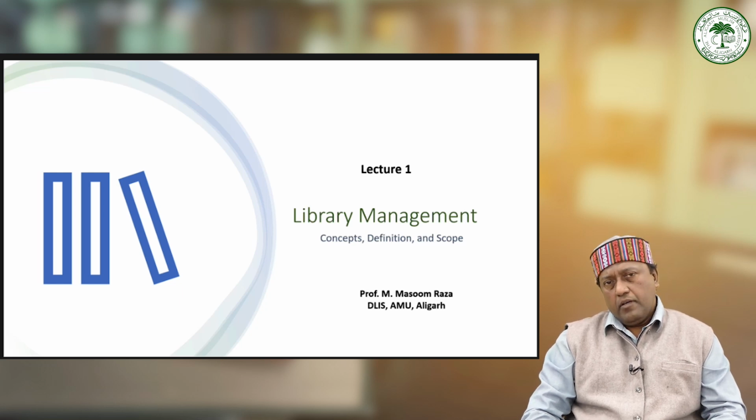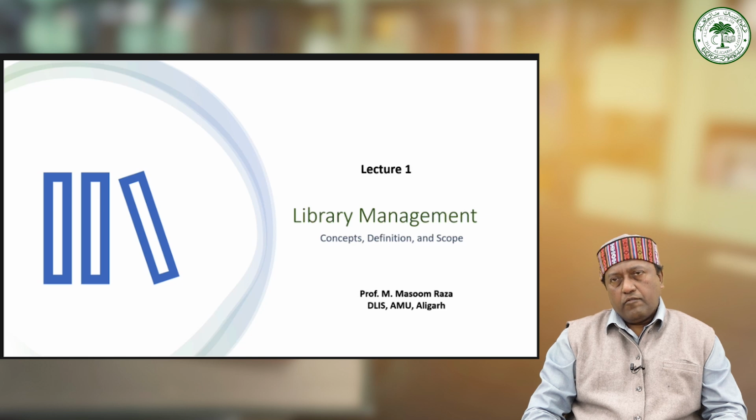The reason is very simple. When we try to define organization, it basically means where a group of people are working for a common goal. So here also the group of people are working with a common objective, with a common goal, that our courses should align with the objectives of the library.